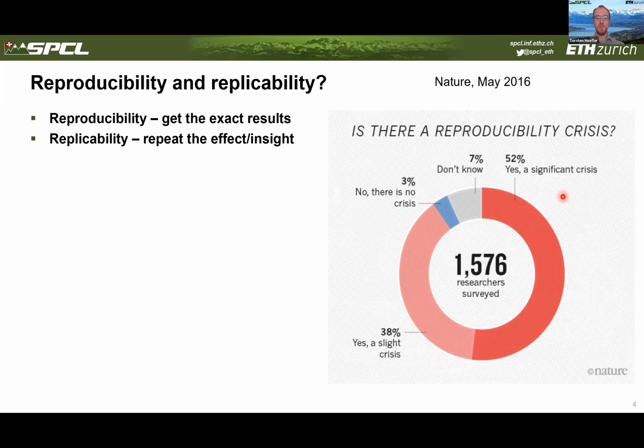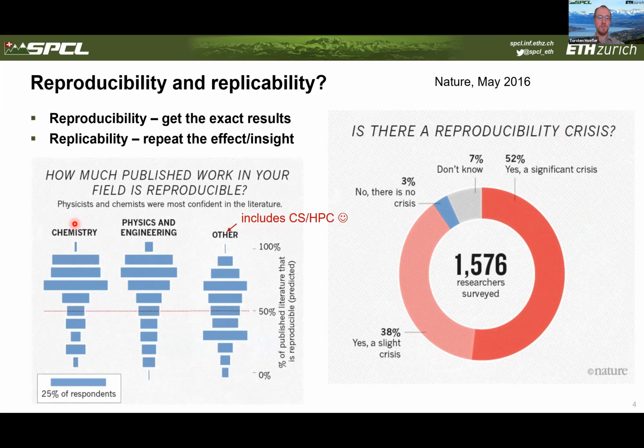And if we go a little bit deeper into different fields, split between chemistry, physics and engineering, and other, most of us are probably computer scientists, so high performance computing people, and this is included in the other category. The question was really how much percent of published literature is reproducible? How much do you think, between 0 and 100?